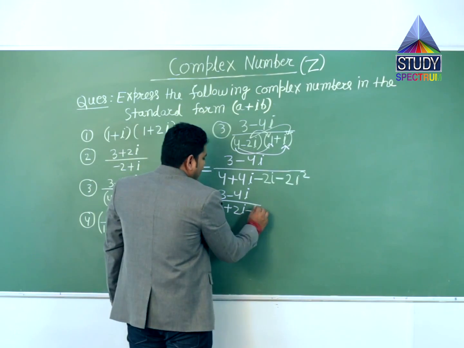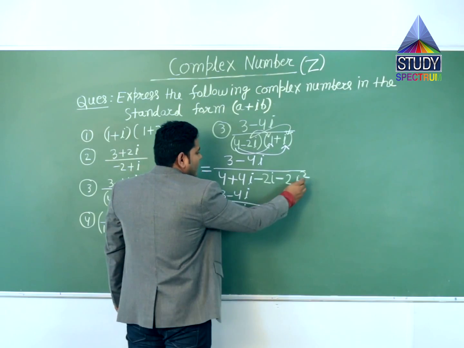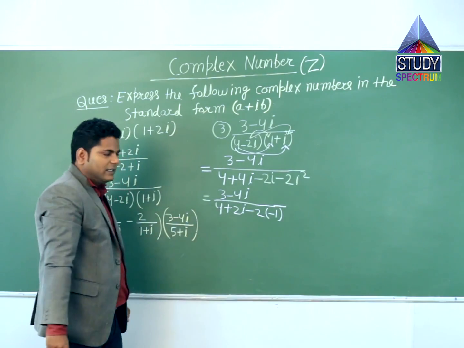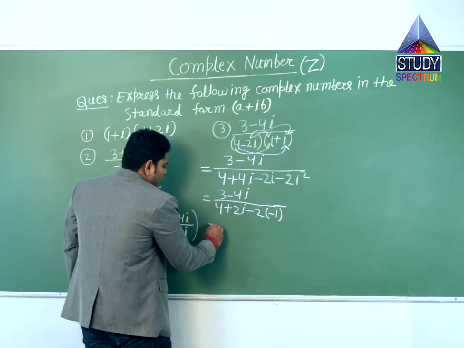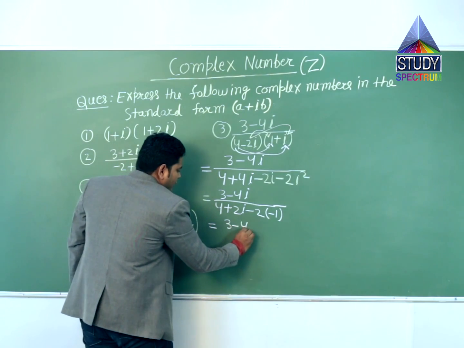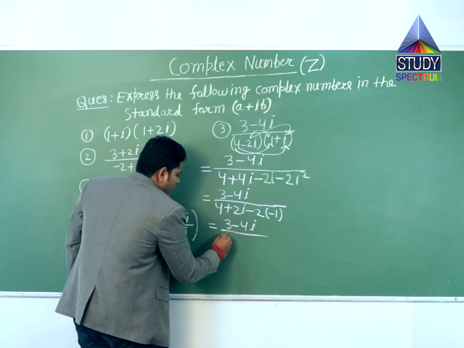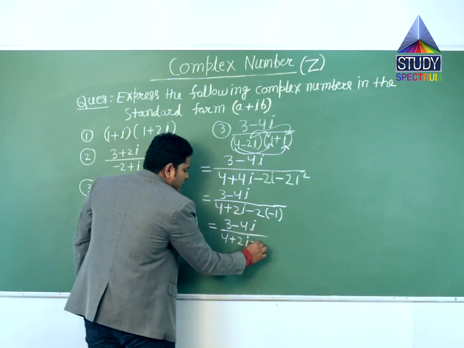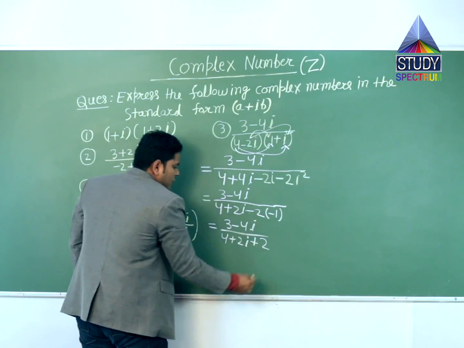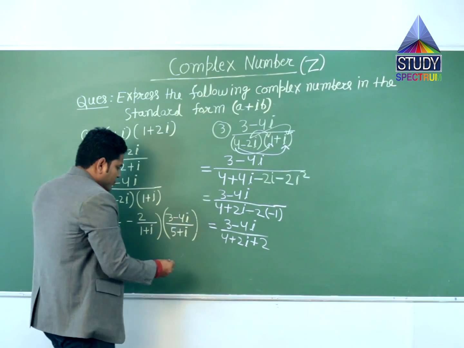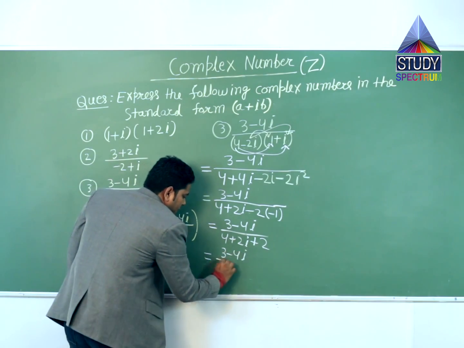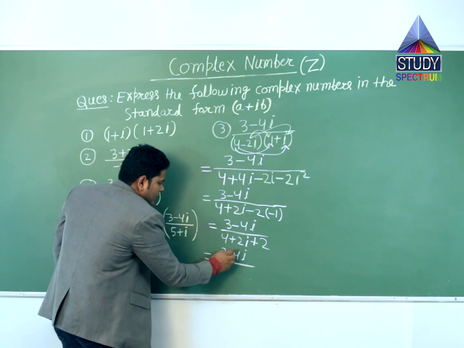Now minus 2 and i square is minus 1. Got it? So it will be minus into minus 1, 3 minus 4i upon 4 plus 2i. Minus into minus is plus and 2 into 1 is 2. So it will become 3 minus 4i upon 4 plus 2 is 6 plus 2i.